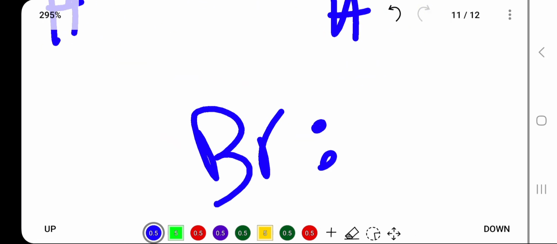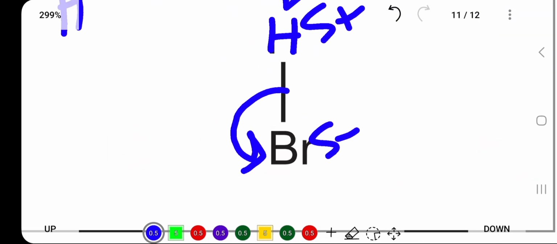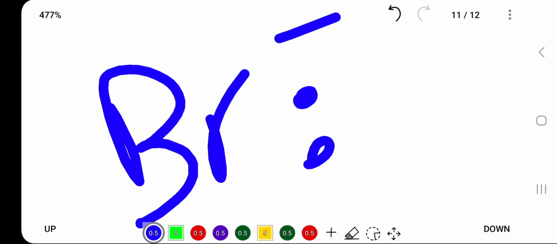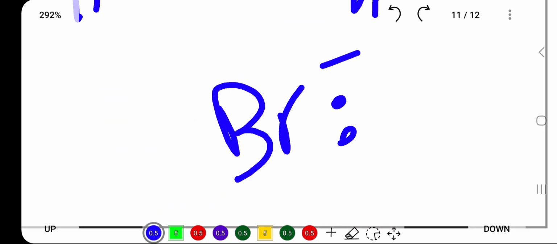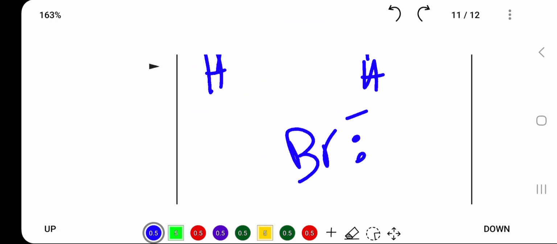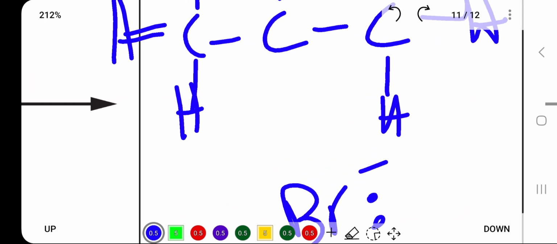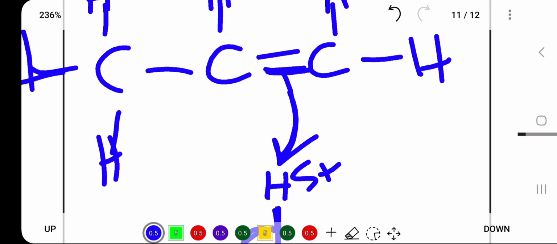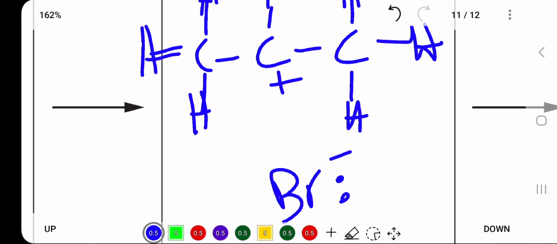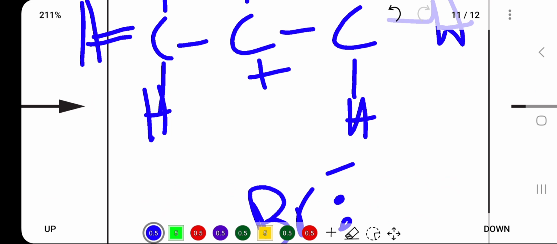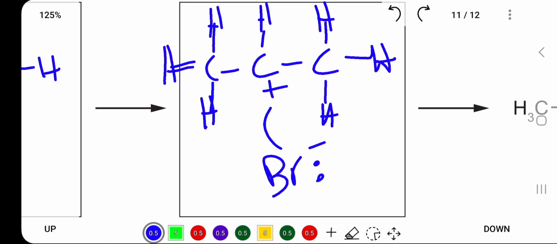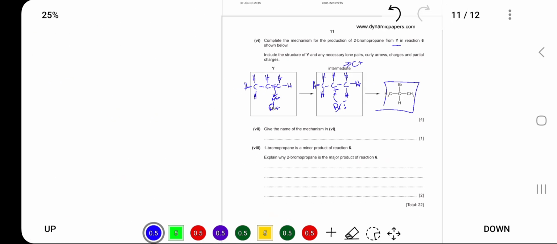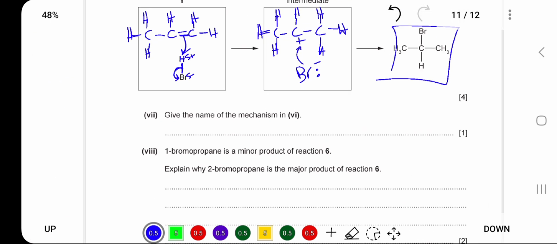Now Br minus, the Br has fully taken the electron pair, so it's now a Br minus with a lone pair. So a carbon cation forms because the electron is fully with the hydrogen, so the carbon wants its electron back. The Br minus is kind, so it will give it. So yes, this is the final compound. This is great.